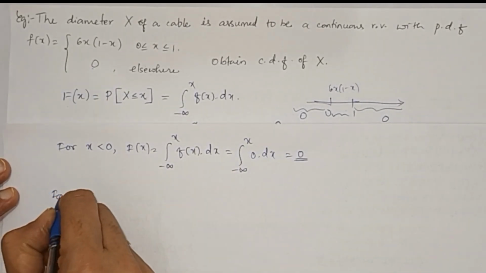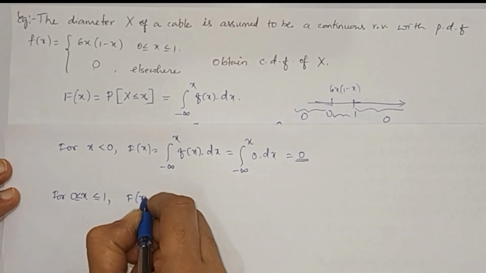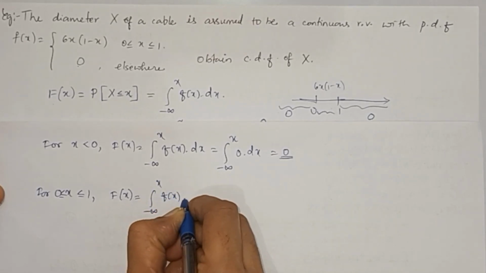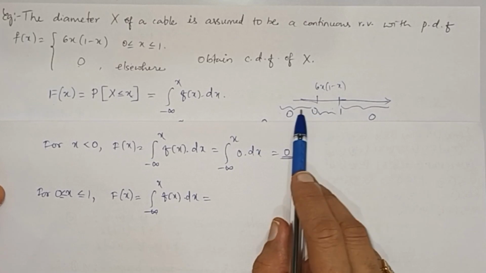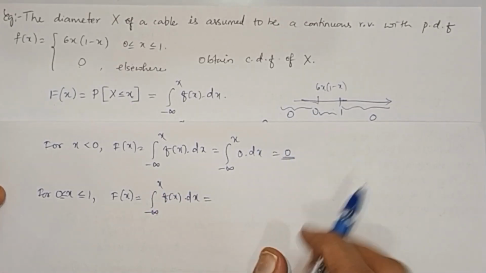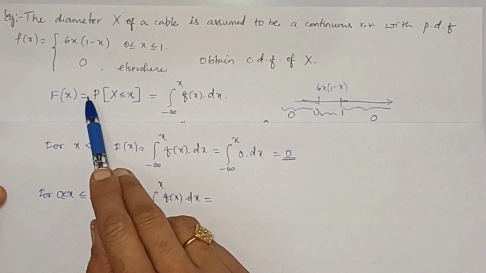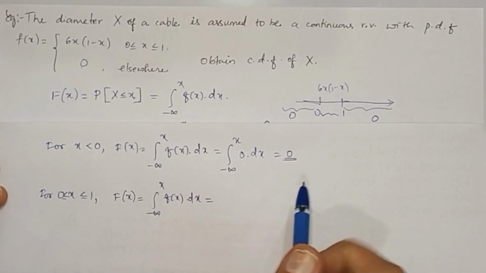Now for x greater than or equal to 0 and less than or equal to 1, F of x equals the integral from minus infinity to x of f of x into dx. Now we have to split it as minus infinity to 0, then 0 to x. That is because for x less than 0 there is some other function, and in between 0 and 1 the value of the function is different.